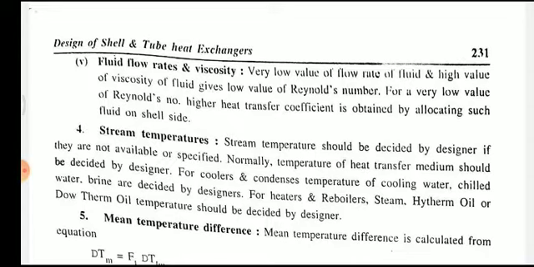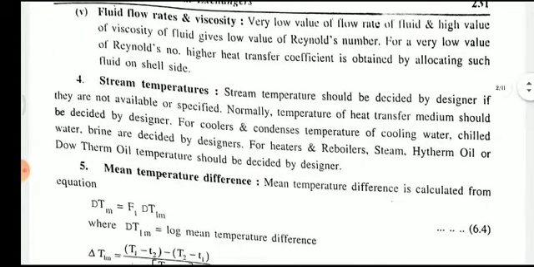And then the fourth is steam temperature. Steam temperature should be decided by the designer if it is not available or specified. Normally, the temperature of the heat transfer medium should be decided by the designer. For coolers and condensers, the temperatures of cooling water, chilled water and brine are decided by the designer.